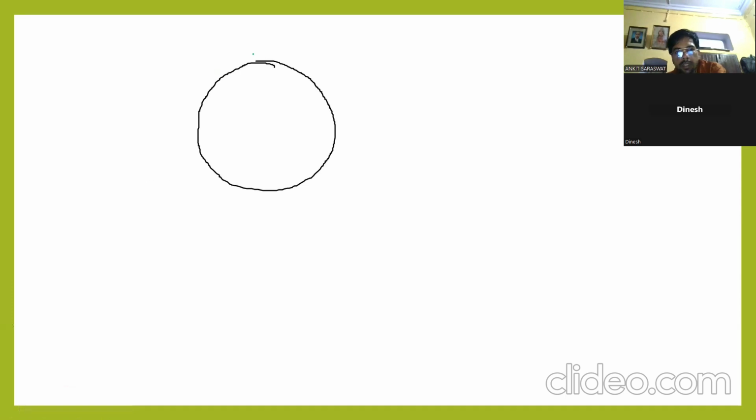Here, look carefully: centripetal force is responsible for the change in the direction. Let us suppose it is moving at 2 meter per second here, here at 3 meter per second, here 5 meter per second, here 7 meter per second.